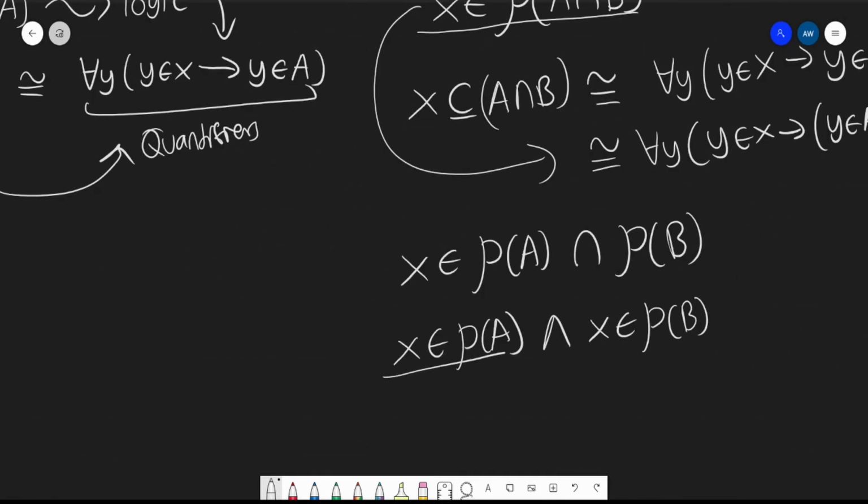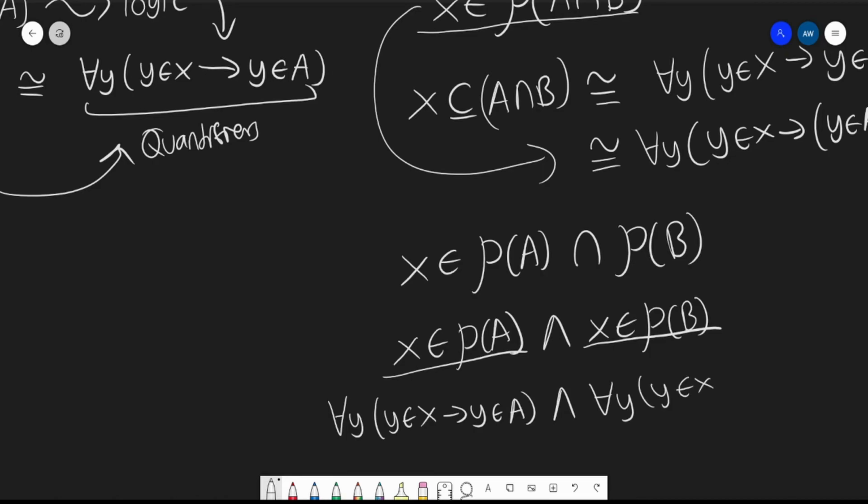So this just translates to, for all values of y, if y is in x, then y is in A. And you can see that this is exactly the same. We just have to change the A to a B. So for all values of y, and we can also use the same variable, no problems there, if y is in x, then y is in B. And that's it. This is how you translate this thing at the top into logical statements.